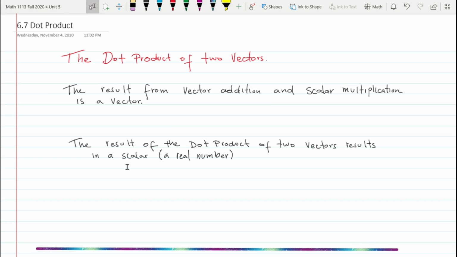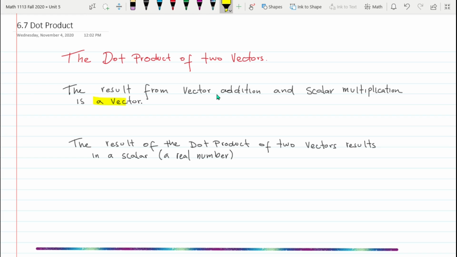In 6.7, we're going to talk about the dot product, which is an operation that happens between two vectors. Taking a step back, whenever we did vector addition, vector subtraction, and scalar multiplication, the result was always a vector, right?